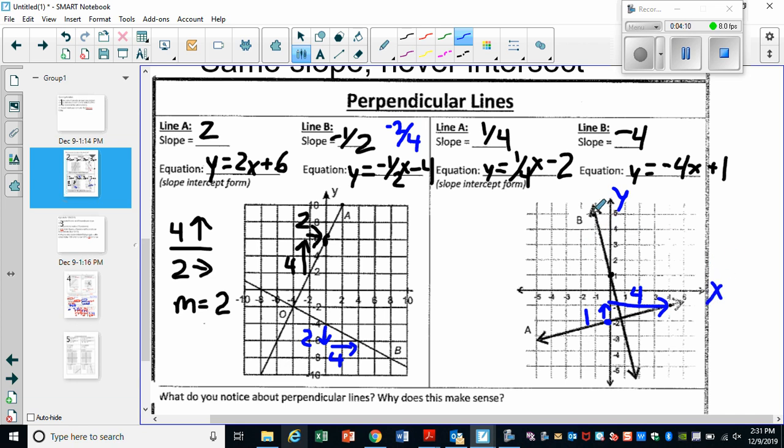If you look at this line, your B, slope is -4 because we went down 4. You only went 1 to the right. So -4 or -4 over 1. And our y-intercept is +1. Line B crosses the y-axis at y equals 1.